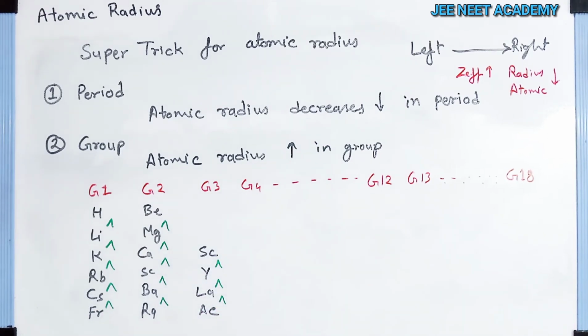But after group 4, the difference between atomic radii is not as much as it was in the earlier groups, because of the lanthanide and actinide contraction, so the radius will not increase as it was increasing before.